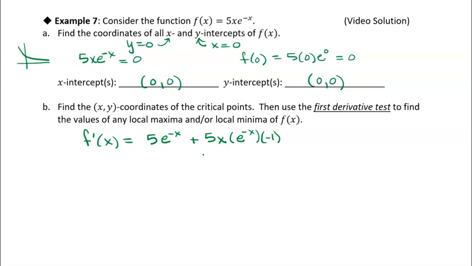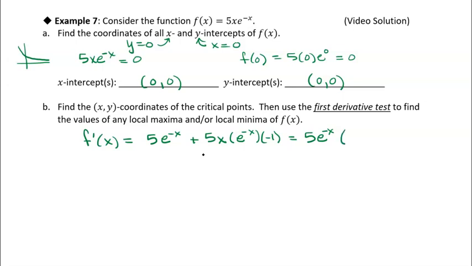I could have made this plus into a minus because of the -1, but let's clean this up because we have to set this equal to 0 and solve for x. I see that I have a common factor of 5, and also a common factor of e to the minus x. I just have two terms, and both of them have a 5 and an e to the minus x in them.